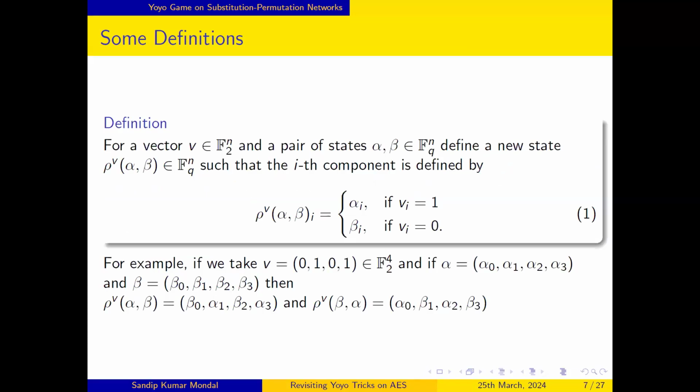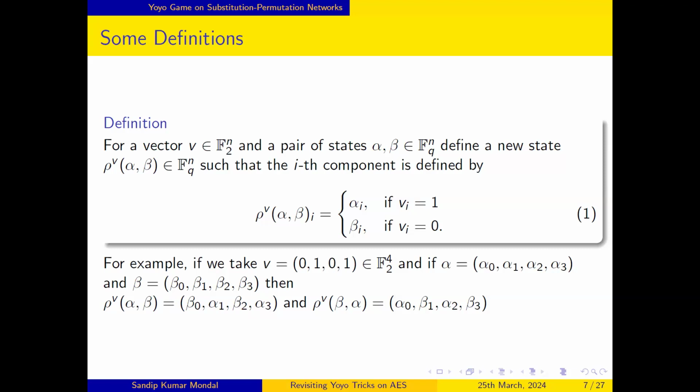So how do we generate a new pair from the yo-yo game? If alpha and beta are two given pairs and V is a binary vector, then rho V alpha beta is the new pair whose ith component is alpha i if Vi equals 1 and beta i if Vi equals 0.